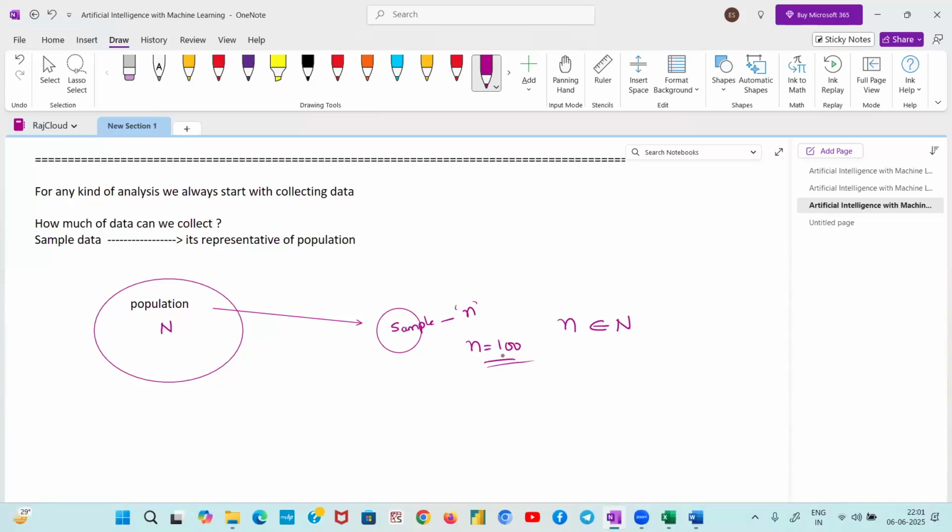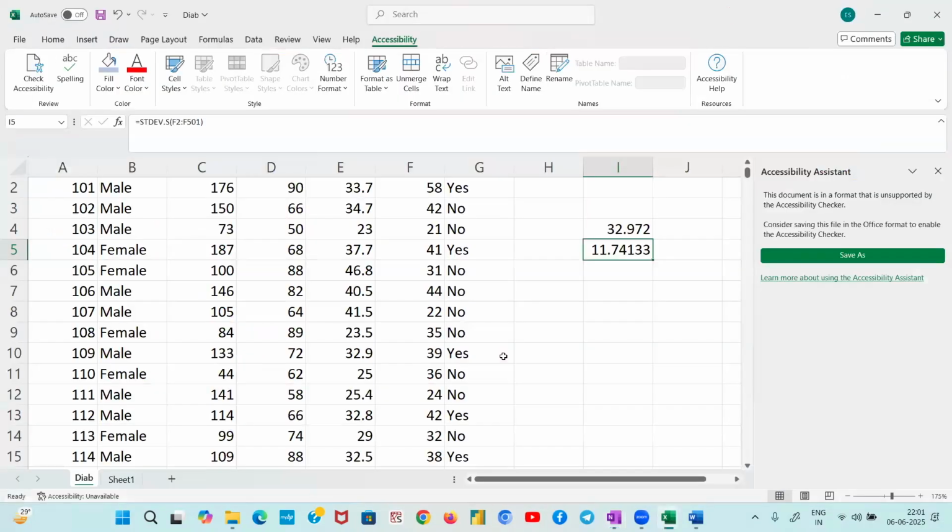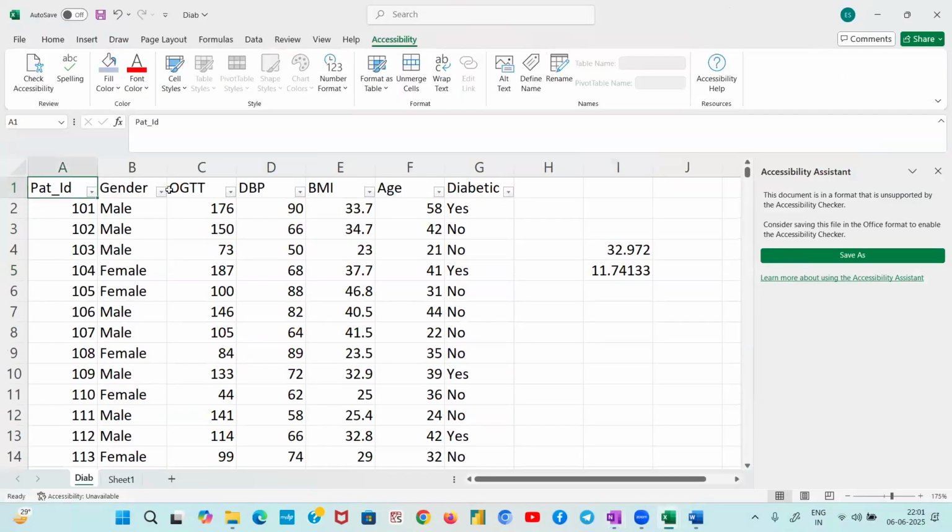So our analysis always starts with collecting the sample data. By looking at the sample data, I have to understand what data types my data contains. Is it a categorical data type or a continuous data type? Categorical data type means gender, diabetes.